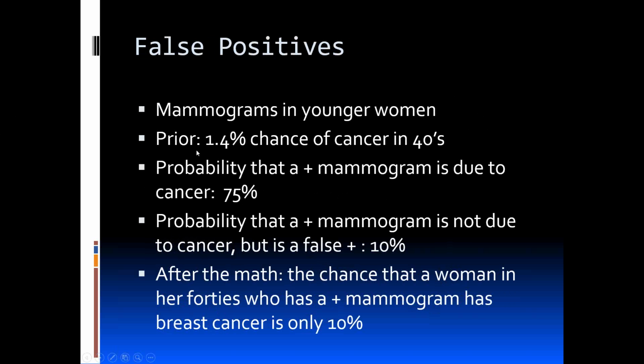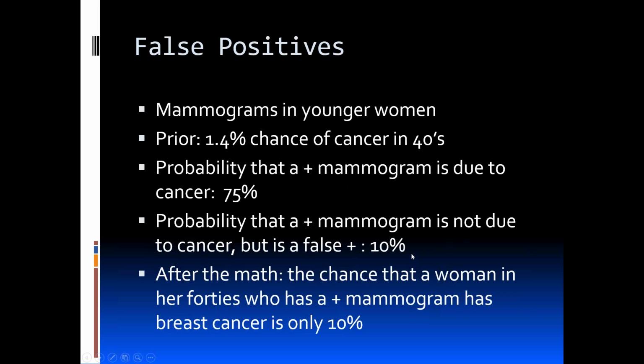We know the prior probability because we know the incidence of breast cancer in women in their 40s, and it's 1.4%. That means that our prior probability, or X, is 1.4%. The probability that a positive mammogram is really due to breast cancer is 75%. The probability that a positive mammogram is not due to cancer but is a false positive is 10%.